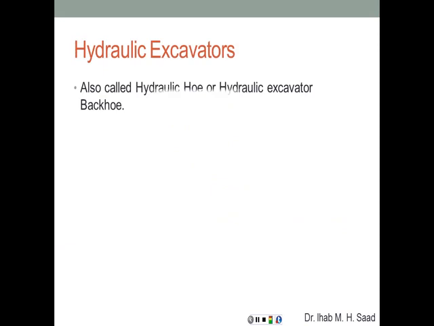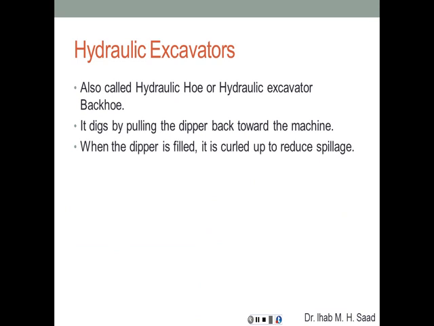For the hydraulic excavators also, we have something called a hydraulic hoe or hydraulic excavator backhoe, depending on whether the bucket is lifting forward or lifting backward. It digs by pulling the dipper back towards the machine if it's a backhoe. When the dipper is filled, it's curled up to reduce the spillage so that it can maintain the maximum volume of soil inside that bucket.